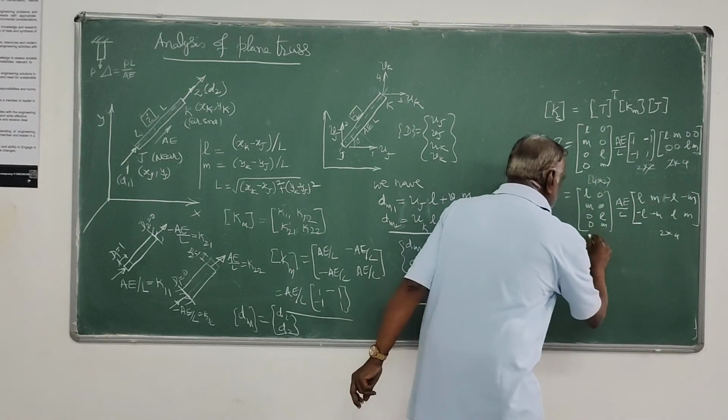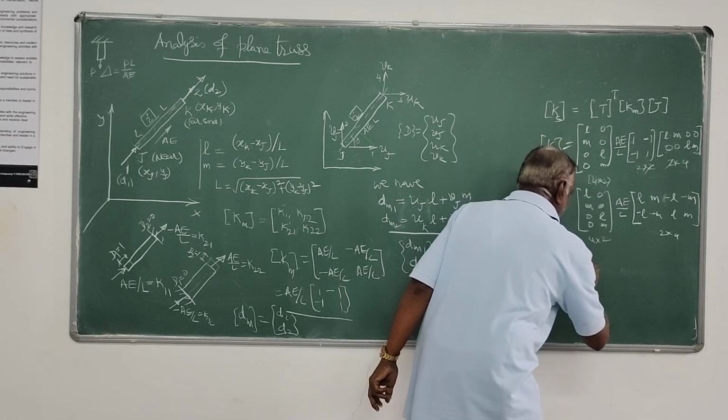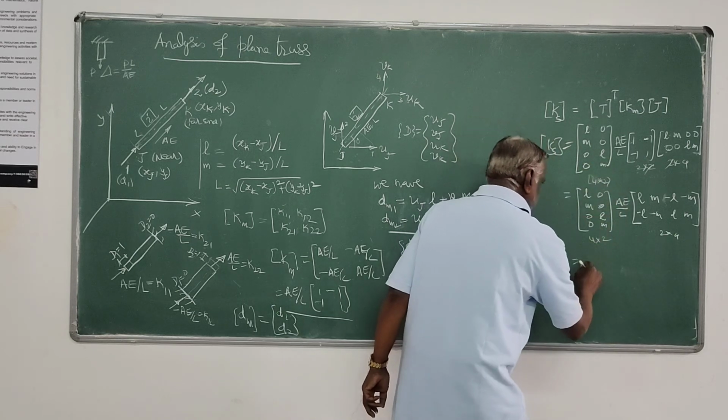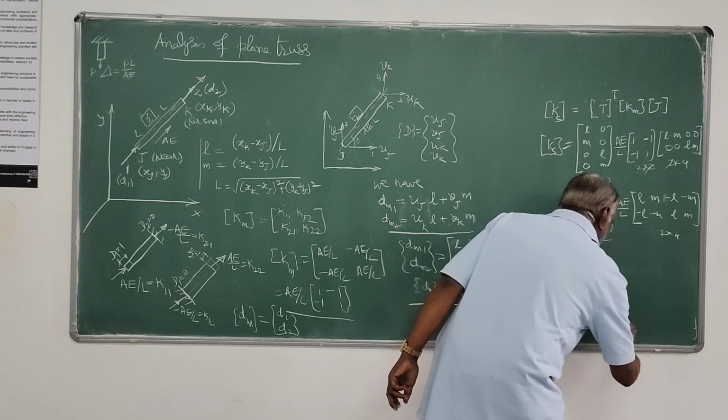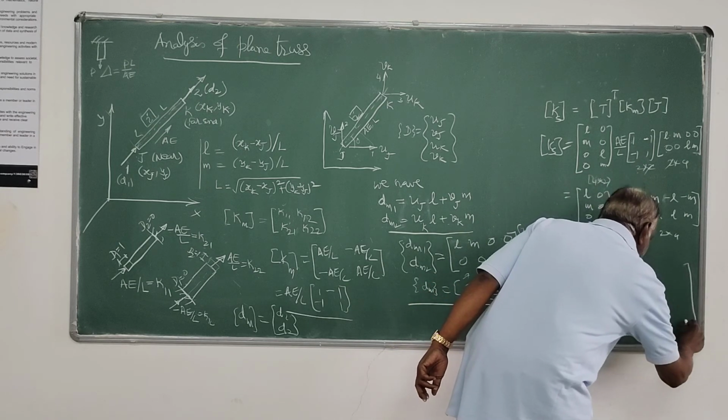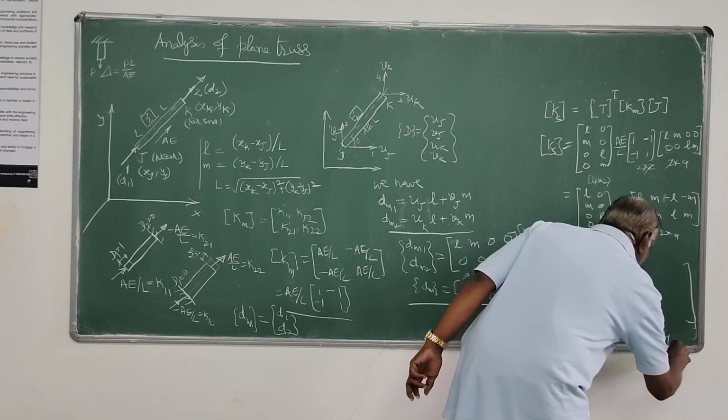Again, this 4 by 2 multiplied by the 2 by 4 matrix gives you the 4 by 4 global stiffness matrix.